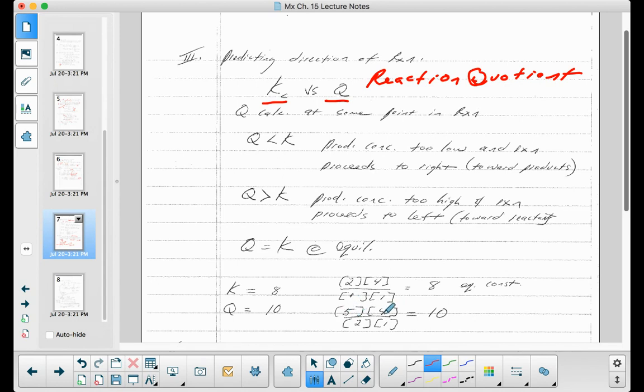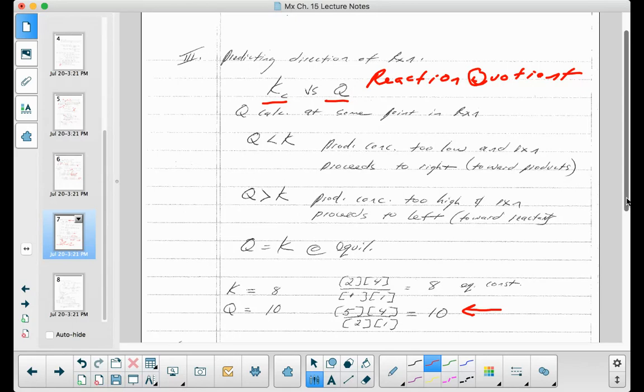This value here, this numerator, compared to this numerator, is too high, and or the reactants are too low. And so what that's going to do, it's going to force the reaction to progress towards the left, toward the reactant side. So then what we say, in order to achieve equilibrium, if Q is greater than K, I need to shift the reaction, or the reaction will shift towards the reactants to the left.